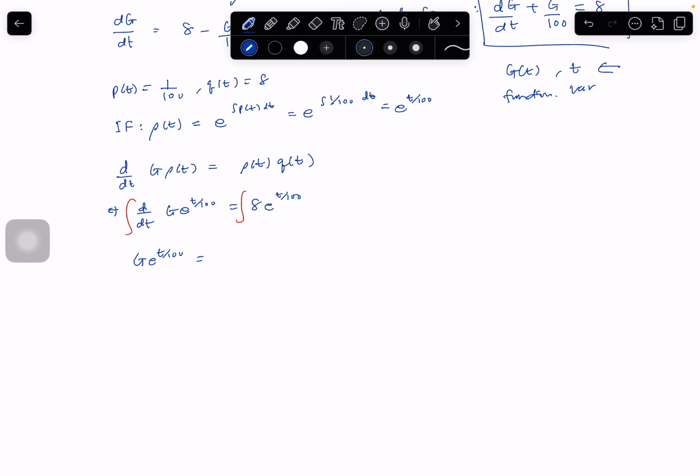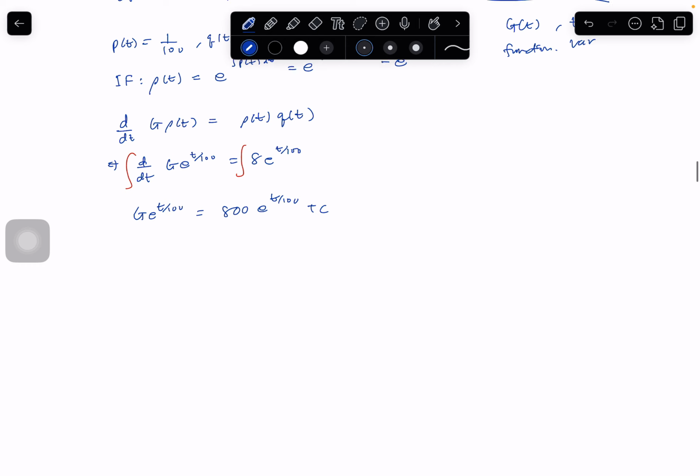So we have 800 e to the t over 100 plus c, and divided by e to the t over 100. So we have G of t is equal to 800 plus c e to the power of minus t over 100. Okay, so this is the general solution.